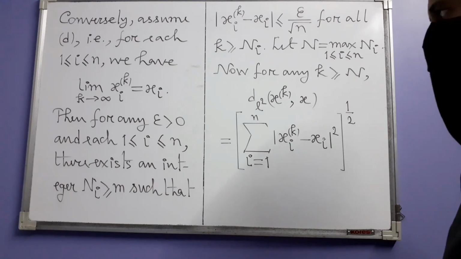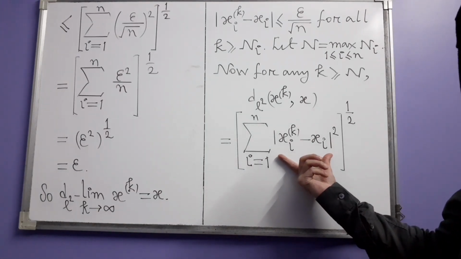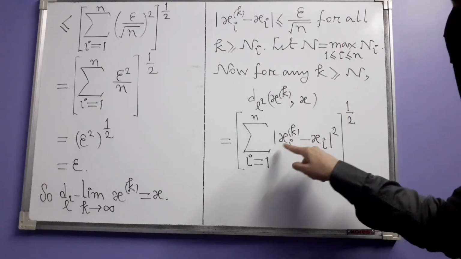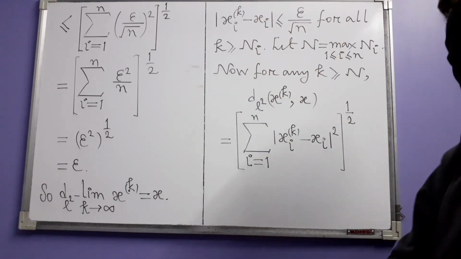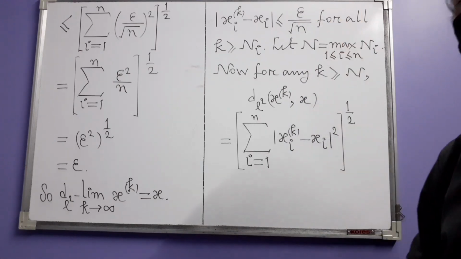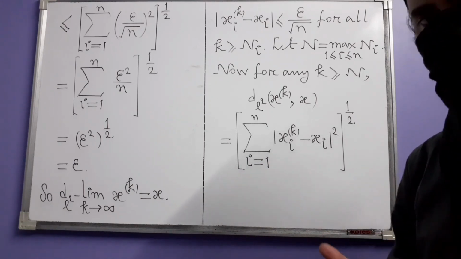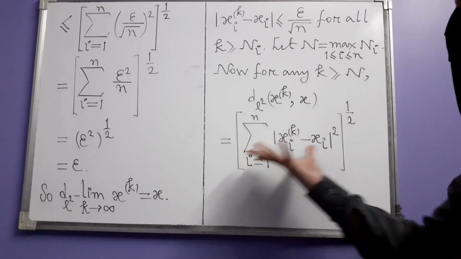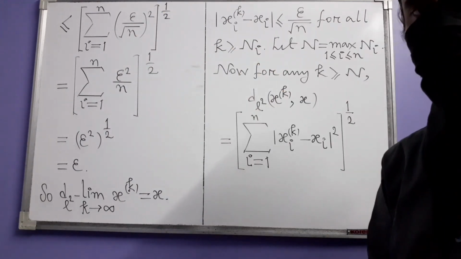So now what can we say about this sum now that we have these inequalities? Let's see. If we replace each term of this sum, because here we don't have just these terms but their squares, by the square of epsilon divided by square root of n, then we are likely writing more. That is why this thing is less than or equal to this.